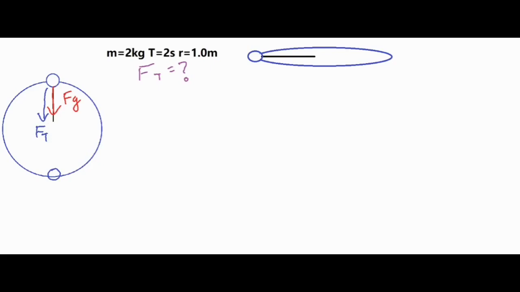At the bottom position, we still have the force of gravity pulling it downwards, and we have the force of tension tugging it towards the center of the circle. Now, there is a big difference in setting up each of those formulas to find the correct FT. So let's go ahead and set up our formula for the force of tension and the force of gravity at the top of the circle and at the bottom.